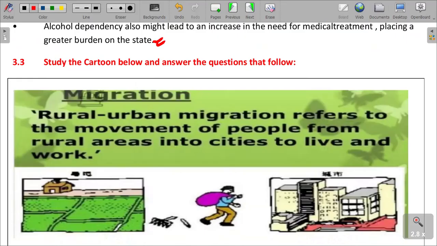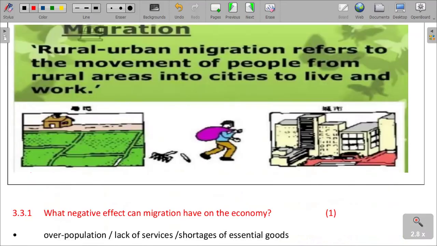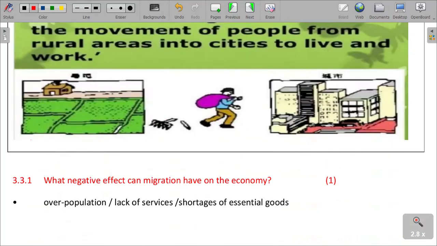We have a cartoon that we are given here. Rural-urban migration refers to the movement of people from rural areas into cities to live and work. So what negative effect can migration have on the economy? It results in overpopulation in areas where the people are going, and a lack of services and shortage of essential services and goods may also result from overpopulation.